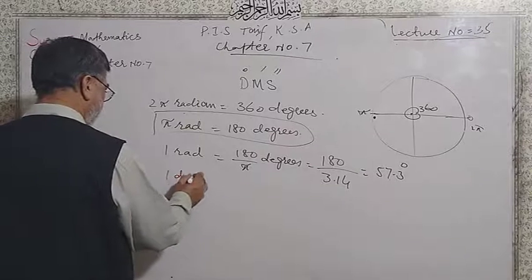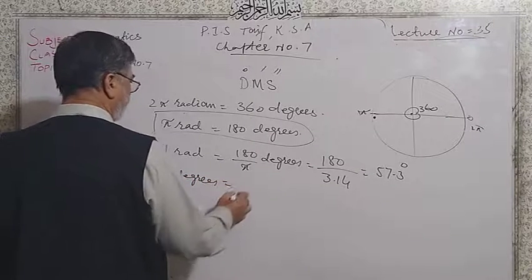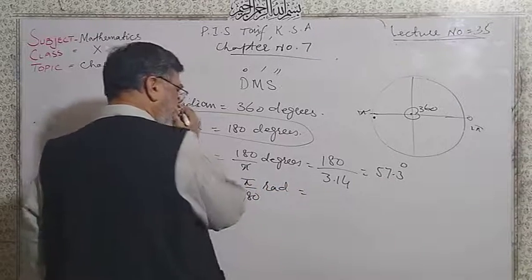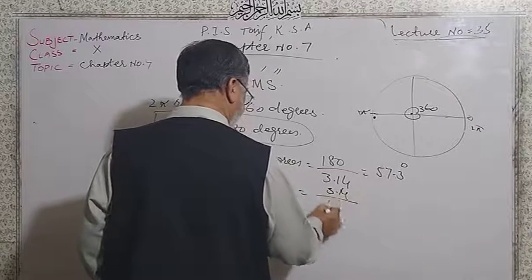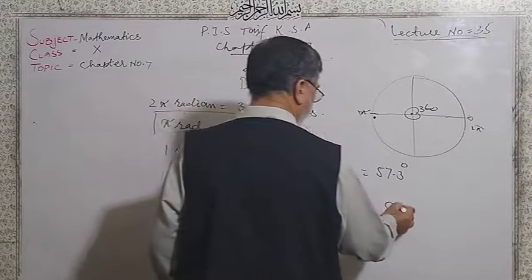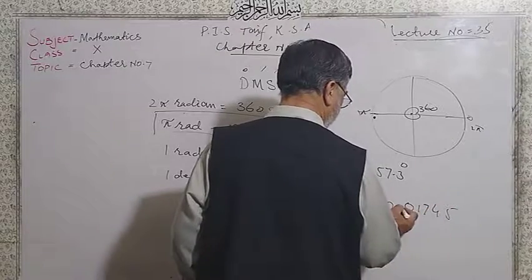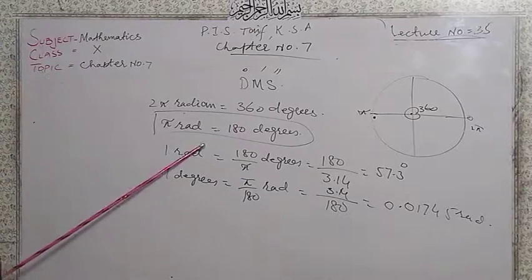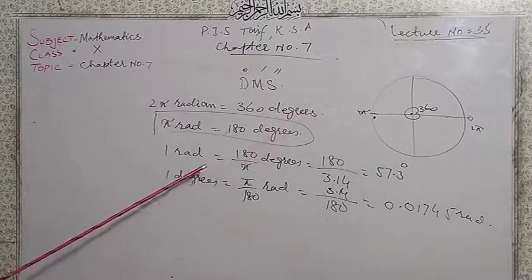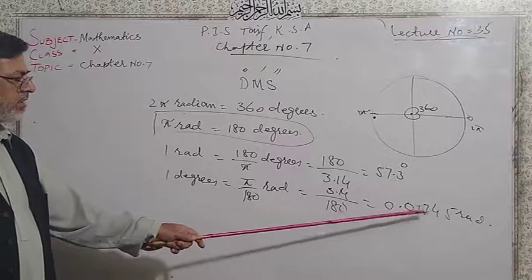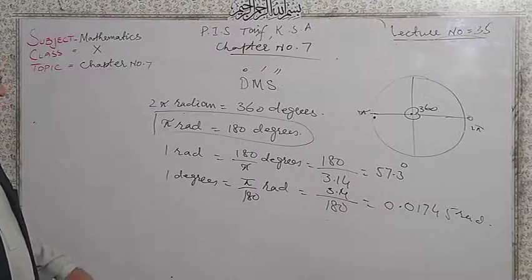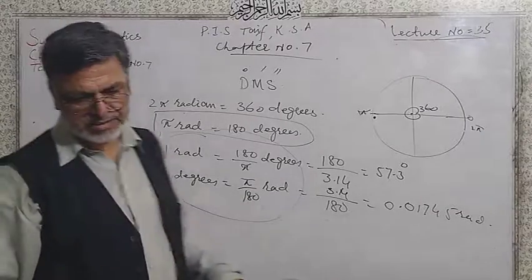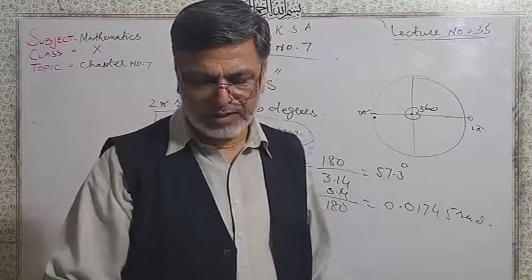Similarly, 1 degree is equal to pi over 180 radians. Pi over 180 means 3.14 over 180, that is 0.01745 radians. So in 1 radian there are this many degrees, and in 1 degree there are this many radians. So we have the relation between radians and degrees. We have this formula.